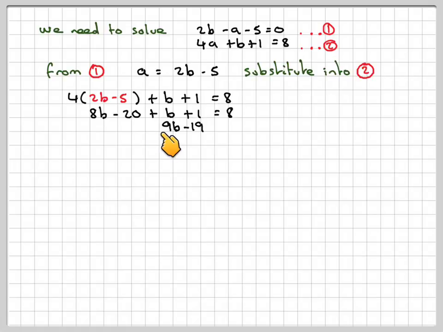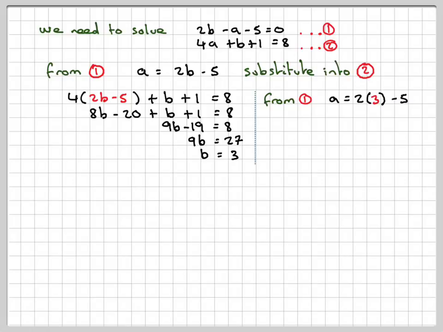That gives me 9b, so I've got 8b and b, which is 9b, minus 20 plus 1 is minus 19 is equal to 8. 9b is equal to 27, taking the 19 over, and b is equal to 3. Substitute that back into here. We're going to have that a is 2 times 3 minus 5, that's 6 minus 5, a is 1, and that gives a is 1 and b is 3.